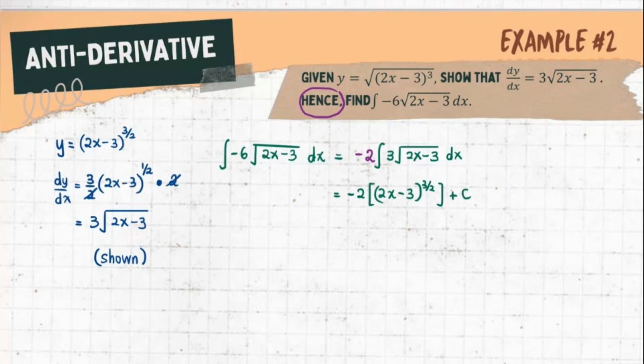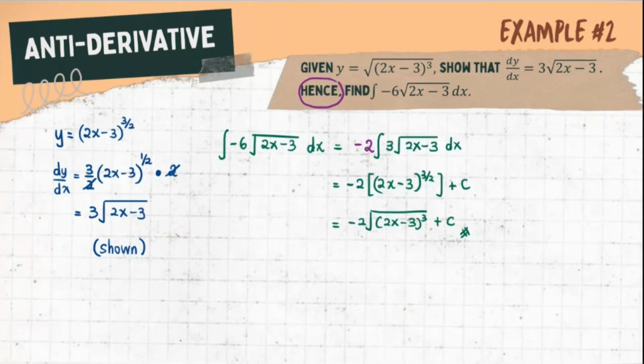Ataupun kalau nak nampak dia cantik sikit, tadi 3 over 2 ni sama je dengan this function kan. So saya salin dia semula sebagai negative 2 square root of 2x minus 3 cube plus c. So this will be your answer for the integration.